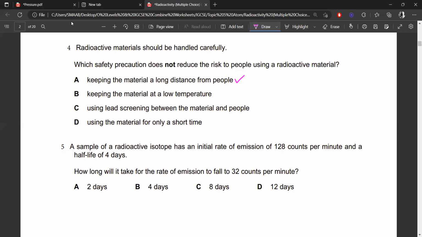So if you keep your radioactive material at low temperature, it will not reduce the risk to people. And all the other factors are genuine ways to reduce the risk for people using a radioactive material, right?